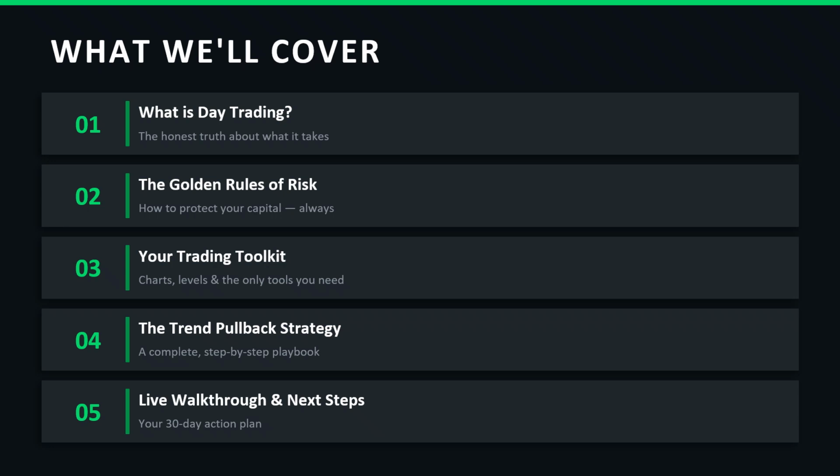We're not going to fill your chart with 100 confusing indicators. We're going to focus on clarity. Then, we'll get into the meat of the course, a complete step-by-step strategy called the Trend Pullback. And finally, I'll lay out a clear 30-day action plan to take you from beginner to a disciplined, rule-following trader. Sound good? Let's get to it.